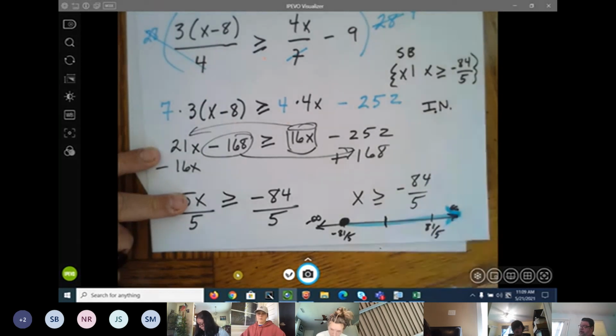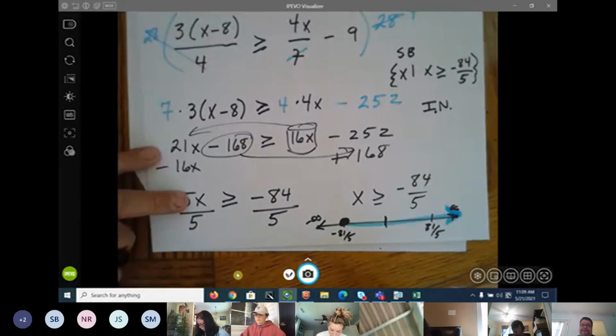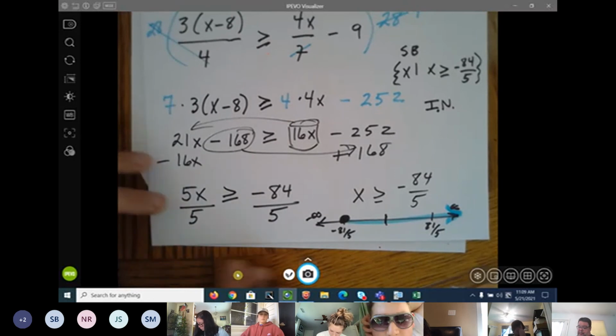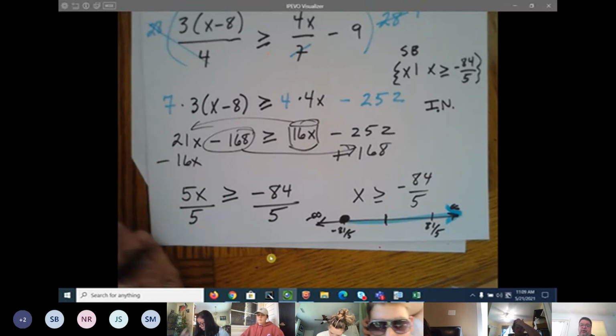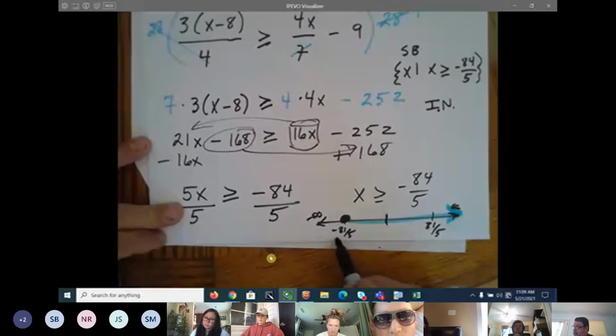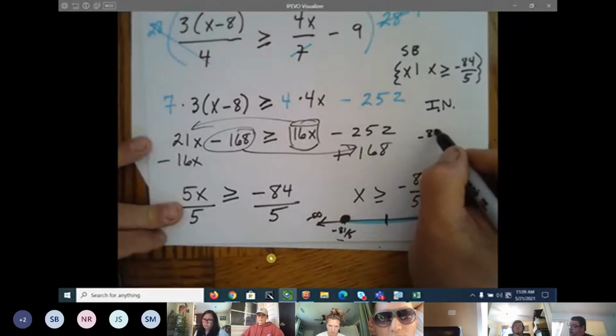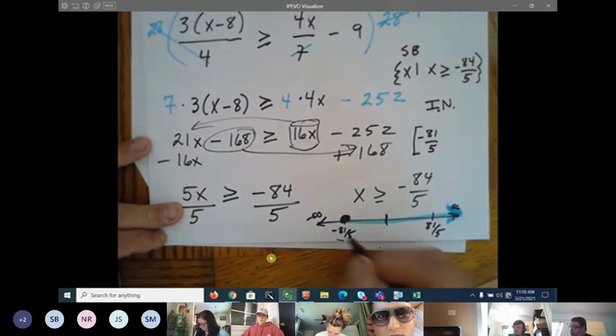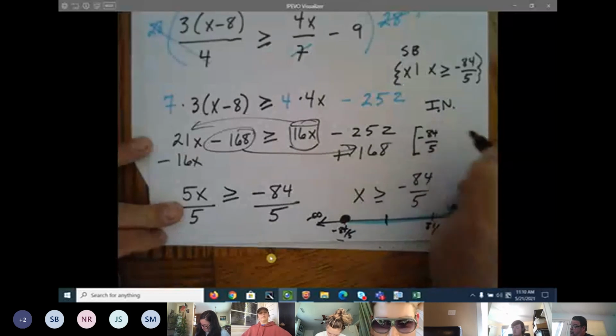Which way do we read? Left to right? So what's first? I'm asking y'all. That means y'all need to tell me. Left to right, what's first? Negative 84 fifths. 84, thank you.